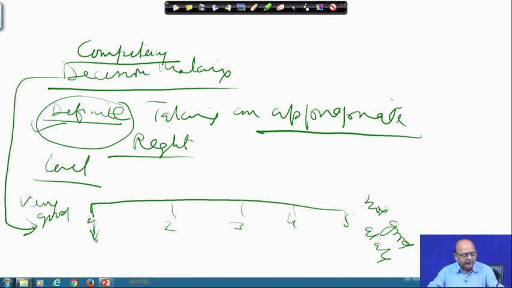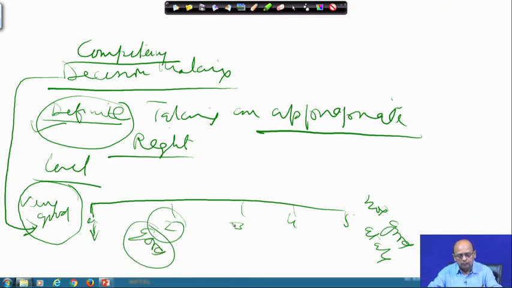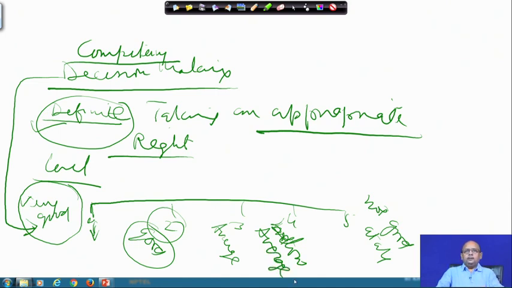So, you are very clear what it means to say very good. Similarly, when you say good, what does it mean, or when you say average, what does it mean, not good, below average, then what does it mean, right.